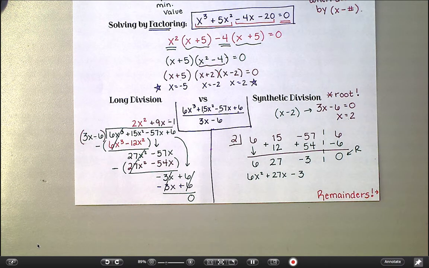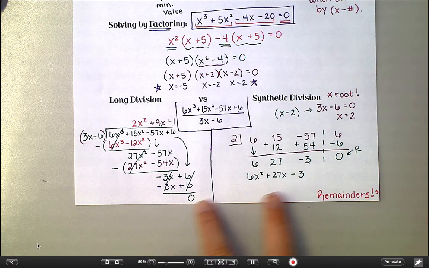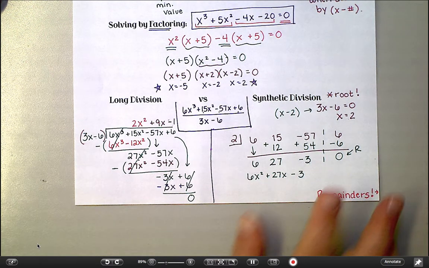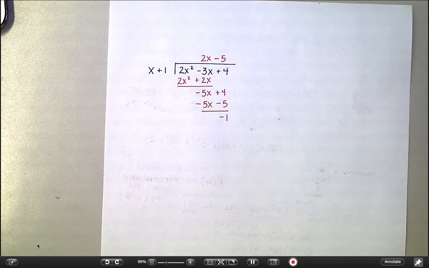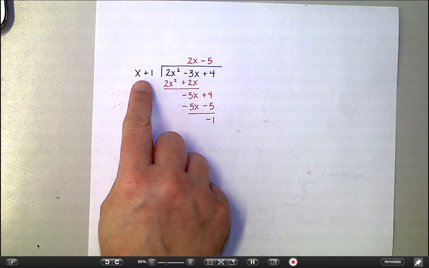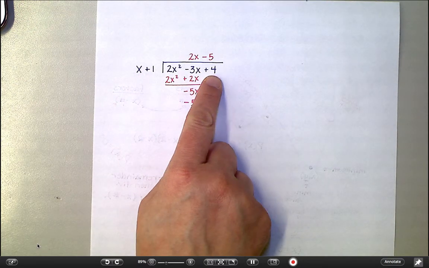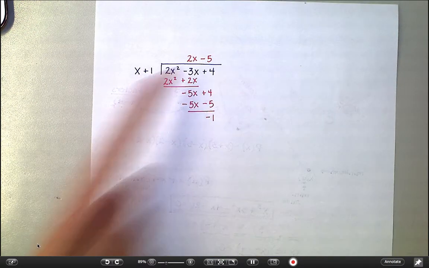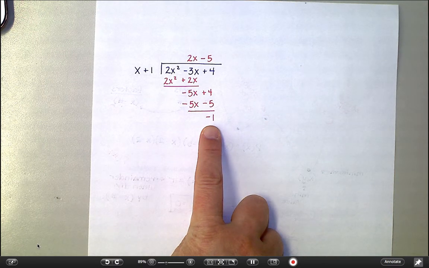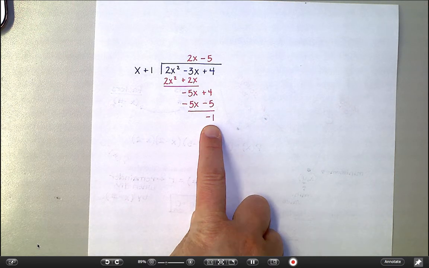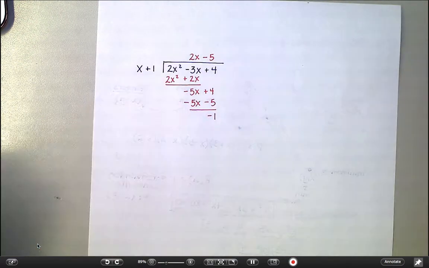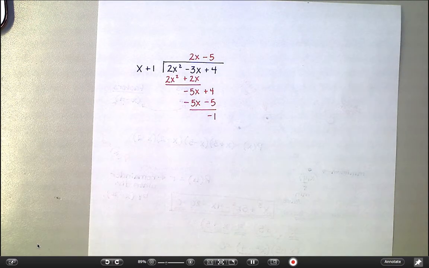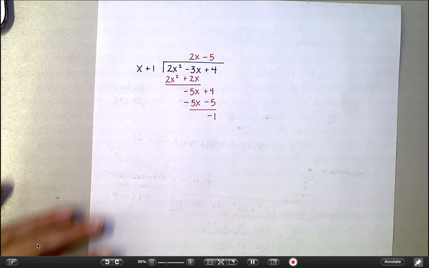Okay, let's talk about what happens if you get a remainder, because we got a remainder of 0 on both of these. So back here, I have a division problem that's already been done. I was dividing x plus 1 into this polynomial. I got 2x minus 5 as an answer, but I have a remainder here of negative 1. A lot of the times we just wrote this as remainder negative 1, but I do want you to recognize the correct thing to do with that remainder.